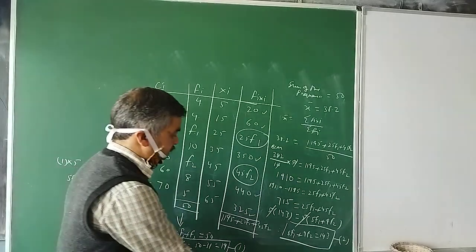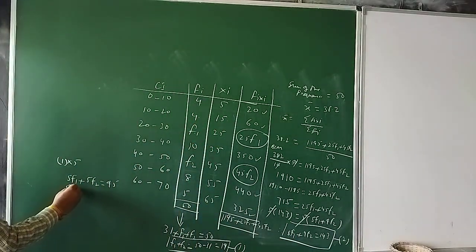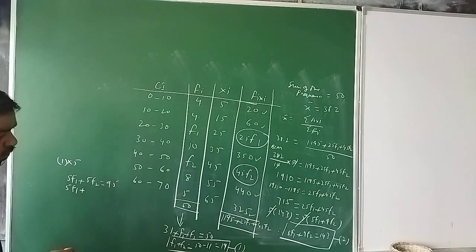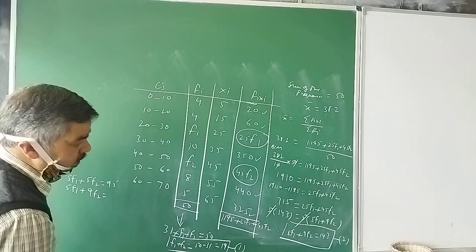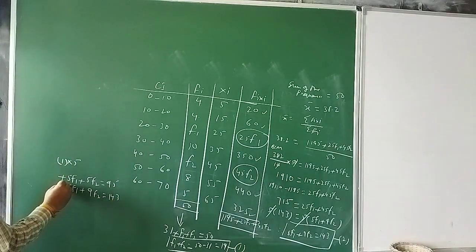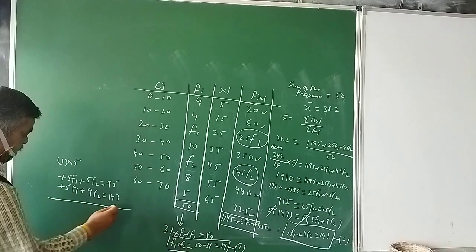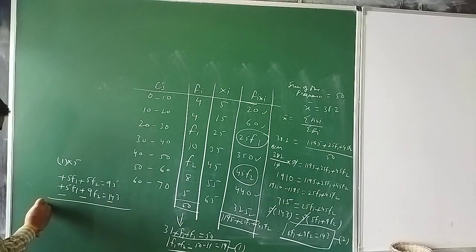So that I will like to eliminate f1 here. So in second equation it is already 5f1 plus 9f2 is equal to 143 plus. So I need to subtract here. This will be minus, this will be minus, this will be minus.